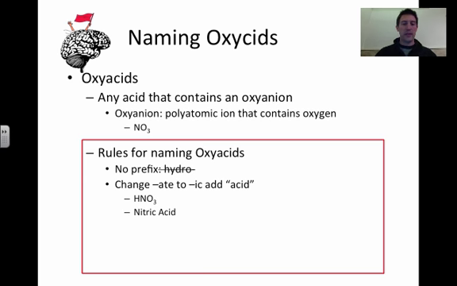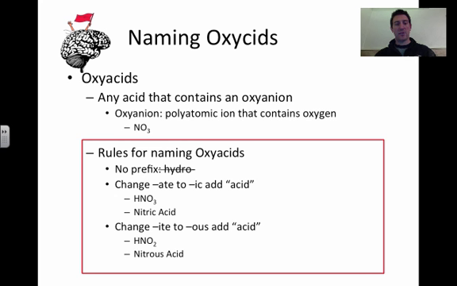Because the NO3 is nitrate, when it becomes an acid, we change ate to ic and add the word acid. Likewise, sometimes our polyatomic ions end in ite, like nitrite. So ite changes to ous and we add acid. So this would be nitrous acid.